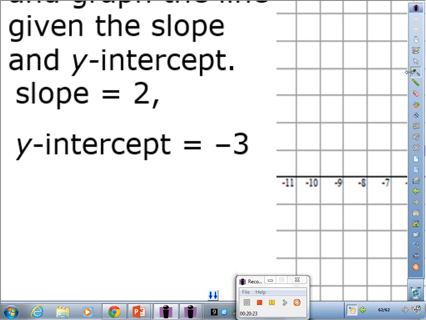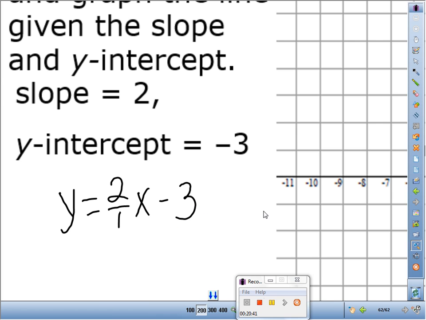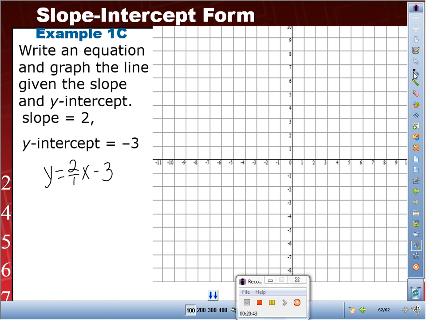Okay, let's see. What's your slope-intercept form equation, Alan? Y equals 2/1x minus 3. Hands, have you got that? That is correct. And the graph should be like this.